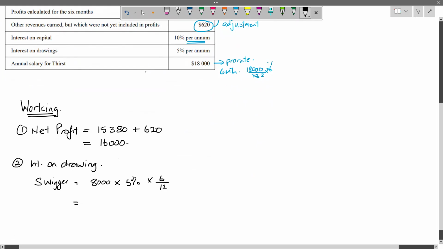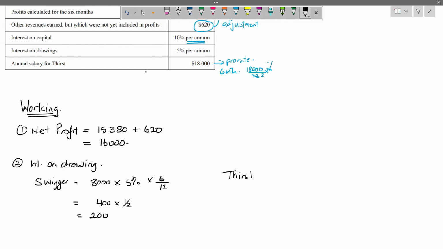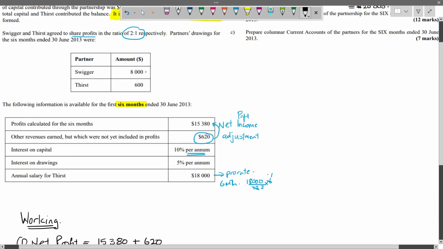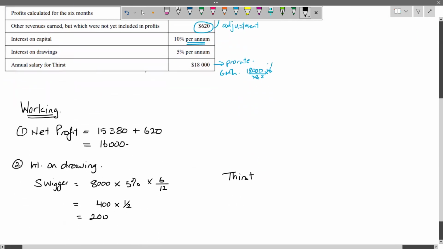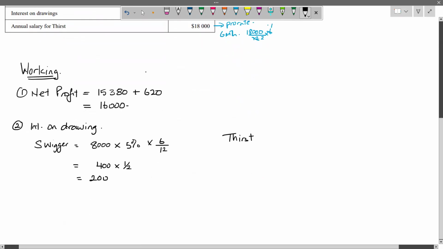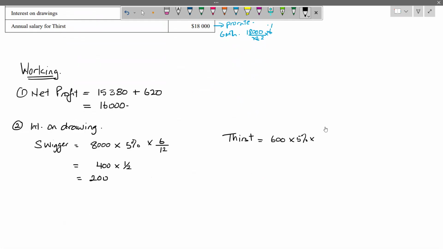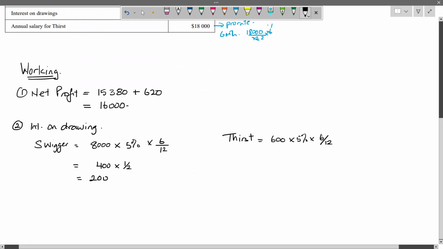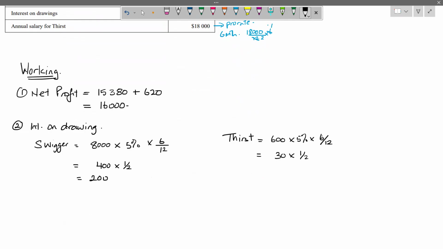So 8,000 by 5%, that's 400, multiplied by a half, that's $200 for Swigger. And for TUS, his total drawings is 600 by 5% by 6 months out of the 12. It's 30 by a half, 15.